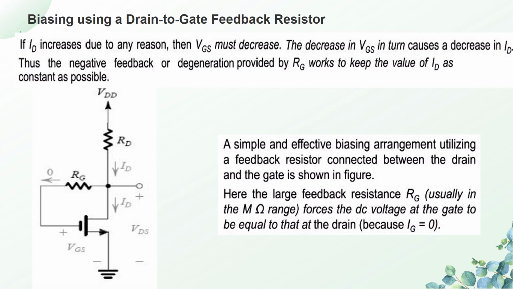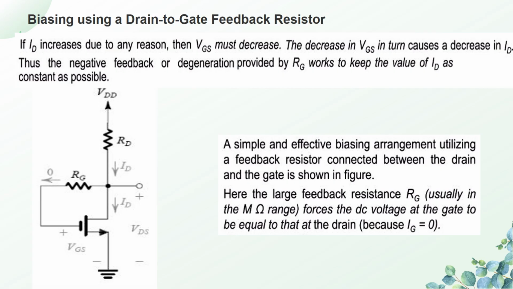The last method of biasing is using a drain to gate feedback resistor. Now look at the figure carefully. Here the biasing is provided by connecting a feedback resistor between the gate and the drain. If the drain current ID increases for any reason, maybe due to temperature variations, then VGS must decrease. The decrease in VGS in turn causes a decrease in ID.